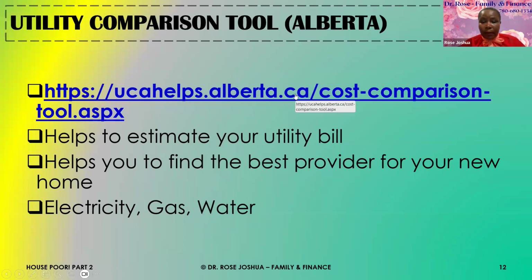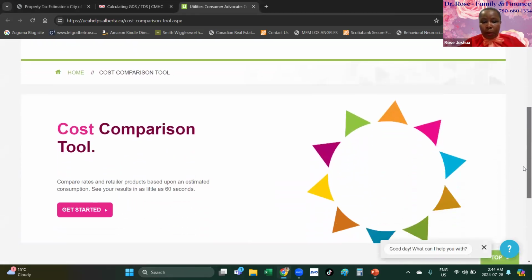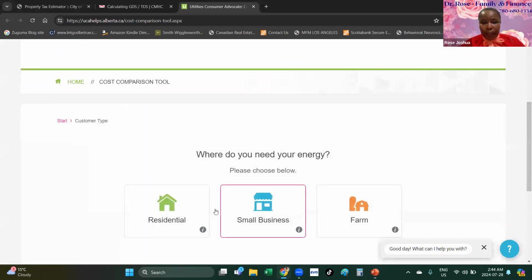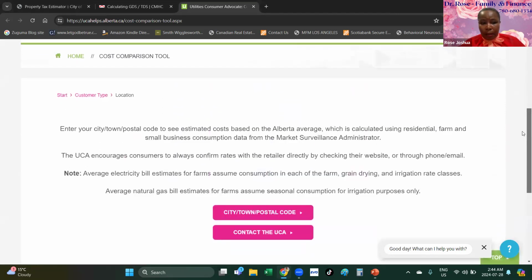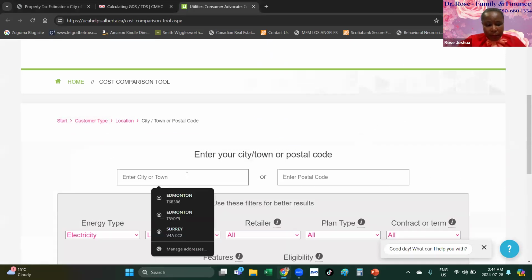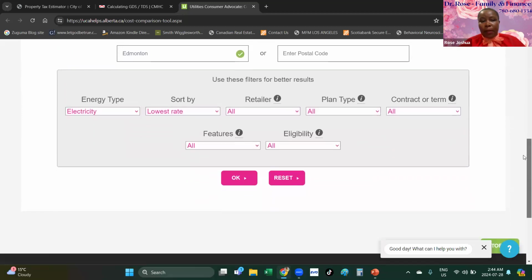So if I go there, here's a cost comparison tool, and I'm looking at residential, city, town, and postal code. I go with Edmonton. All right. And then I want heating. So I want natural gas, and I want the lowest rate and all of that. Okay, so I go okay.